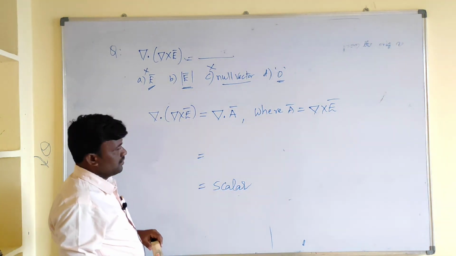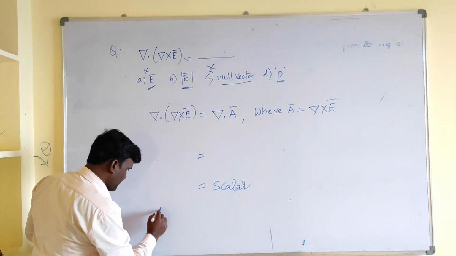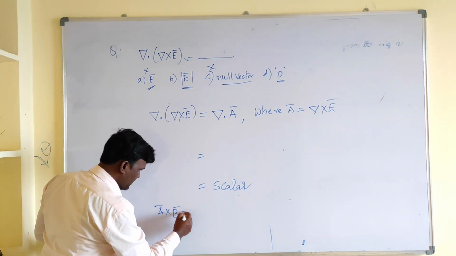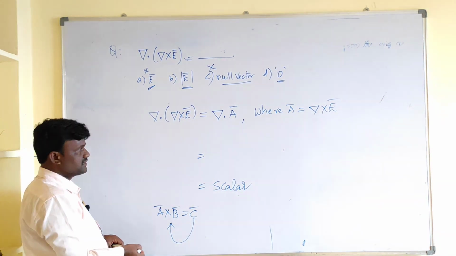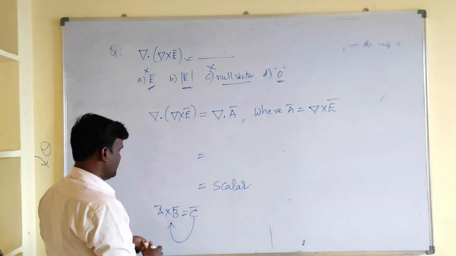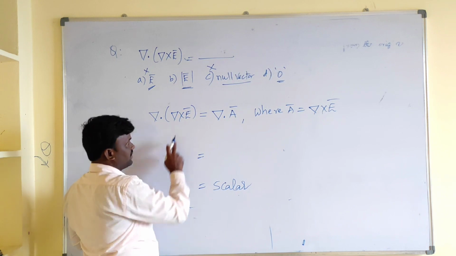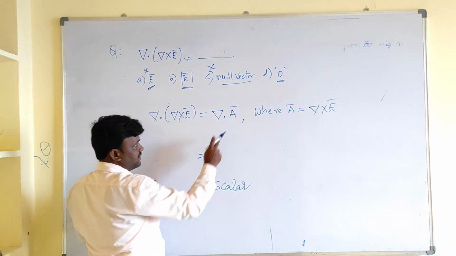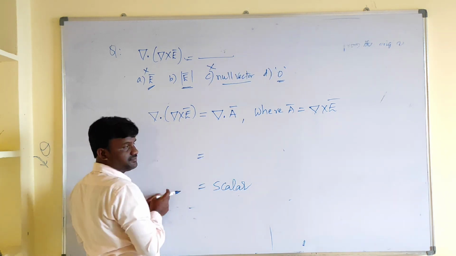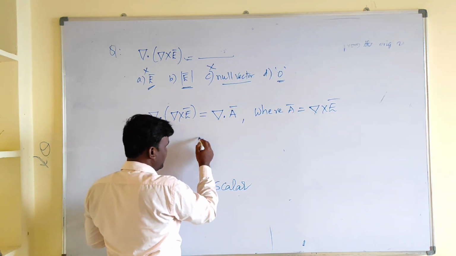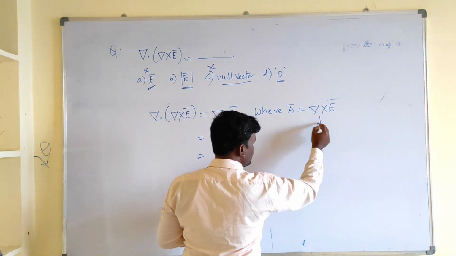Now apply your common sense. If A bar cross B bar equals C bar, then C bar is perpendicular to both A and B. Here also, A bar is perpendicular to both del and E. I am repeating again, this A bar is perpendicular to both del and E. Means the angle between A and del is 90 degrees.